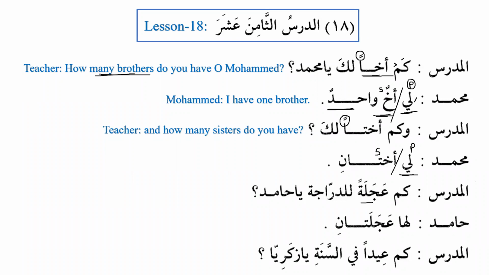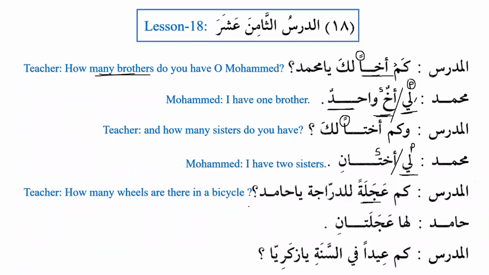Ajalatan is used for the wheels. So kam ajalatan lid-darrajati ya Hamidu. How many wheels are there in a bicycle, O Hamid? Now again, after kam, the noun is singular, it is mansub, and it is indefinite. Lid-darrajati ya Hamidu. Now we have learned that inda is used for things, and for the possession, and li is used for the relationships, and li is used for the body parts.